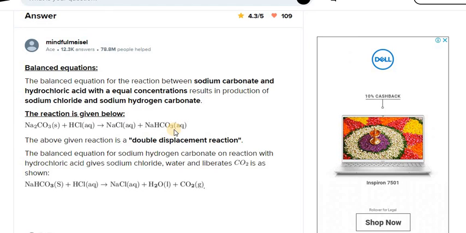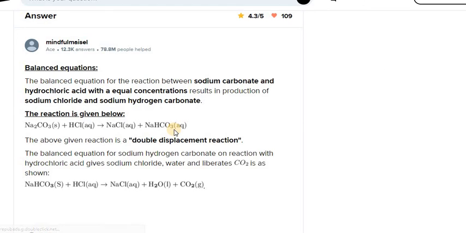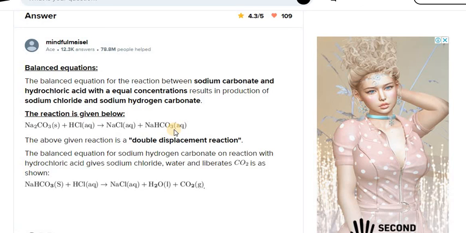So this kind of reaction is a double displacement reaction. So this is the answer to the third question.